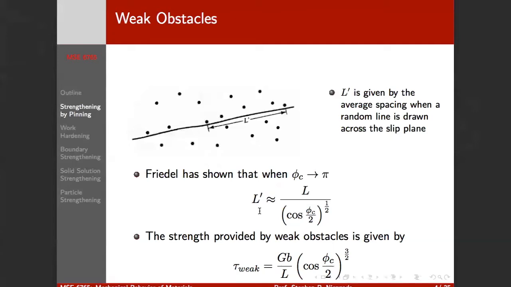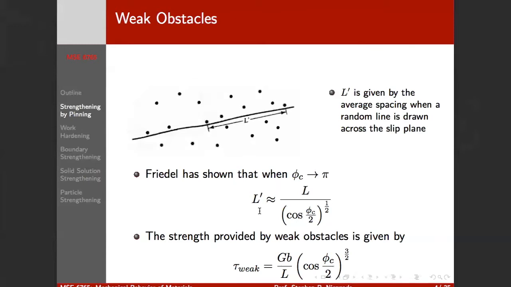It can move through those particles fairly easily. As the dislocation line lays straight, L prime is significantly larger than the actual particle-to-particle separation. It's the lineal intercept approximately between the particles, which means that our critical angle basically approaches pi.